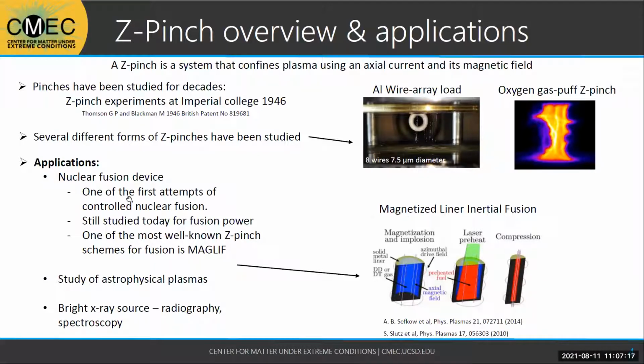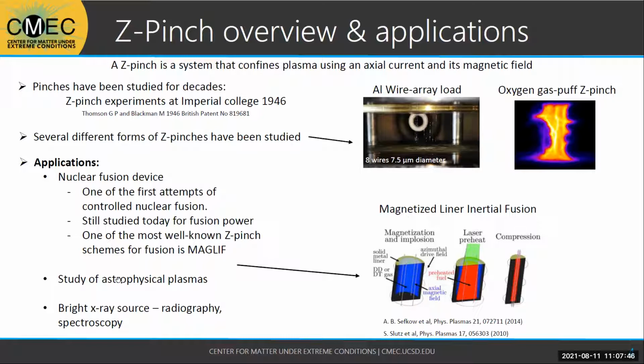Probably most well known is nuclear fusion. They were, I believe, the first attempt to study controlled nuclear fusion. Since then, other techniques have been more focused on, but it's still studied for fusion today. One of the most well known is the MagLift program at Sandia, which uses a laser preheat and then drives the compression with the Z-pinch current.